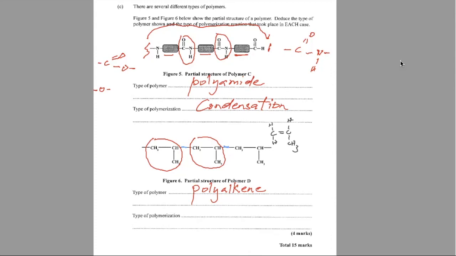So when we put this beside and we join this to another monomer unit, the same type, we would have double bond again, CH, CH3.